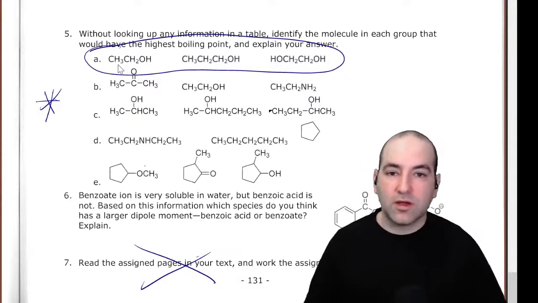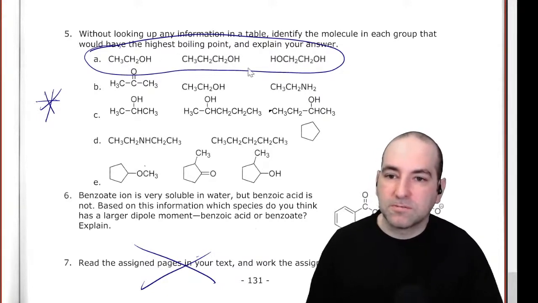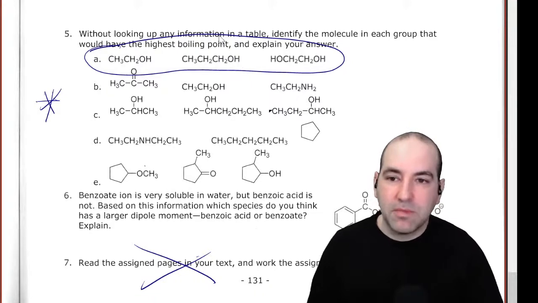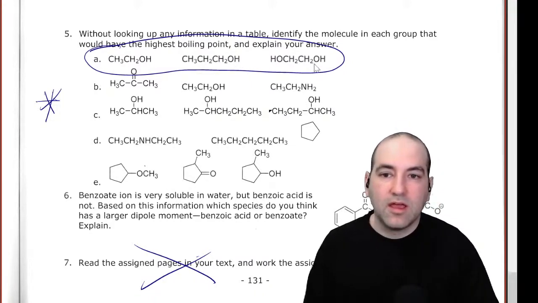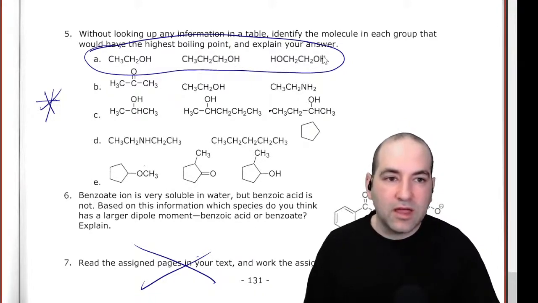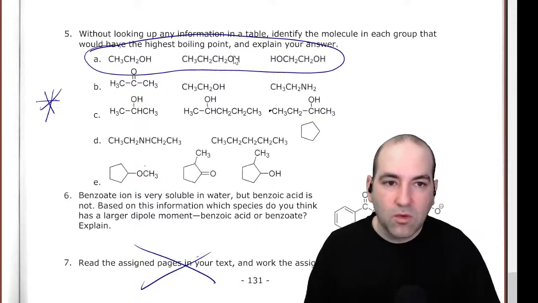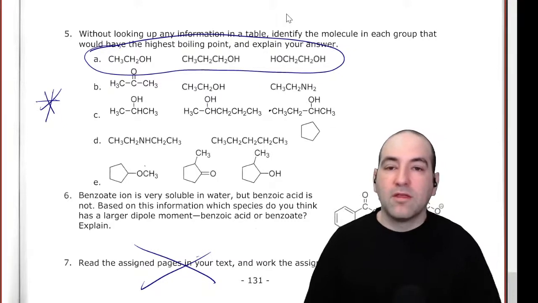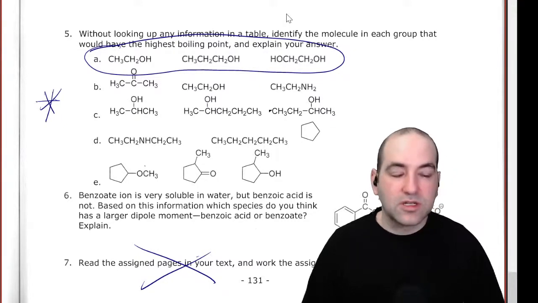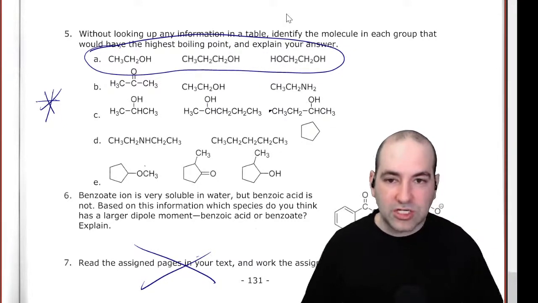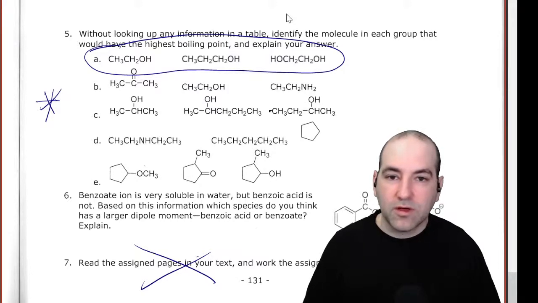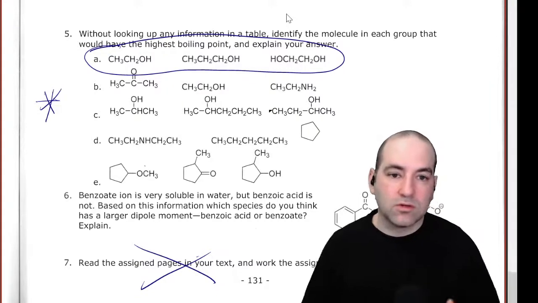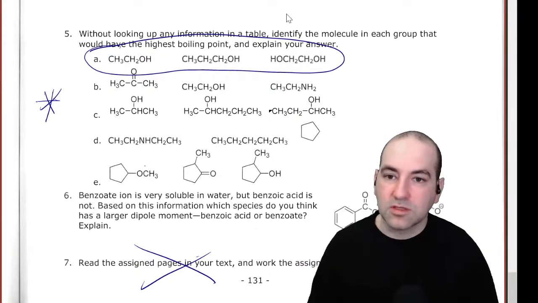So for this first one, we have similar types of forces here in that they all have OH. But the one thing that's importantly different is that this molecule on the right has 2 OHs, whereas the other 2 only have 1. So if you remember, the strength of those forces comes from those connections between the OH type groups, either on water molecules or on other types of molecules.